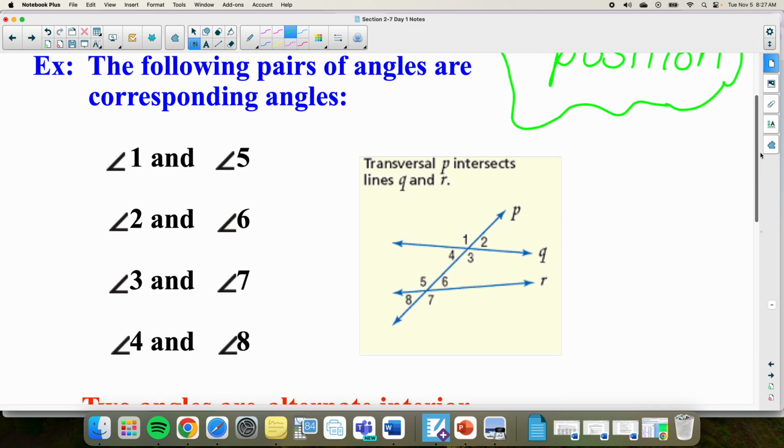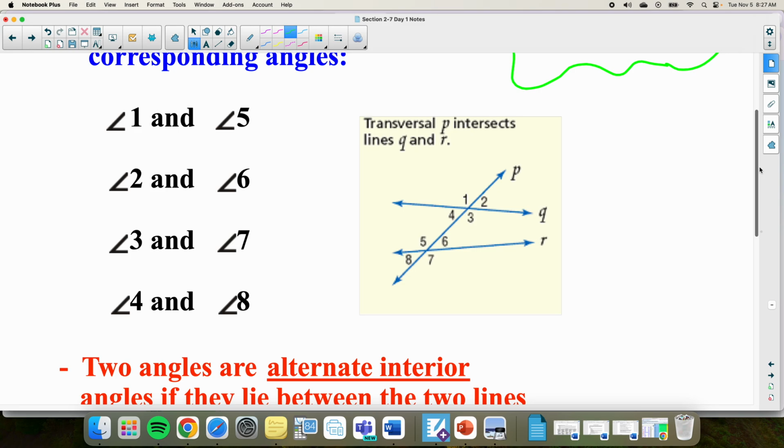And when I go down here, what they mean by corresponding, again, like I was telling you guys, you always pick one from this group and one from this group, okay? And you're picking which one, let's see, which one from this group of 4 is in the same position as number 1.